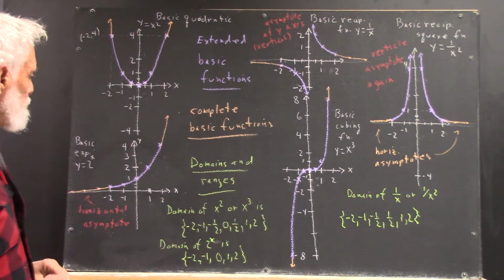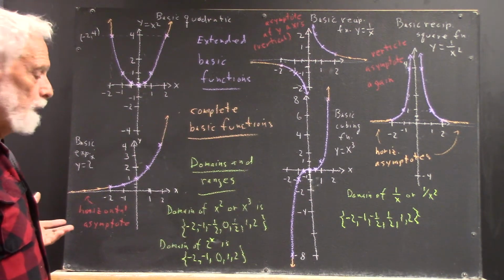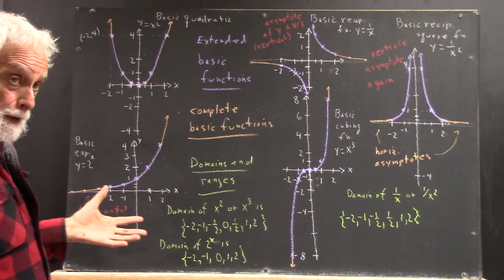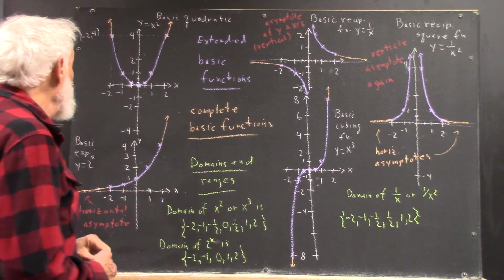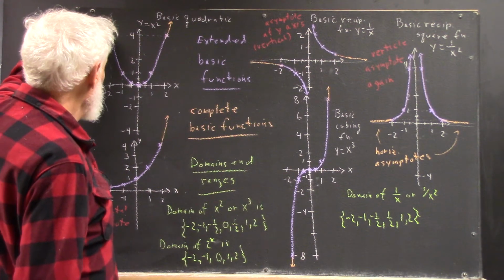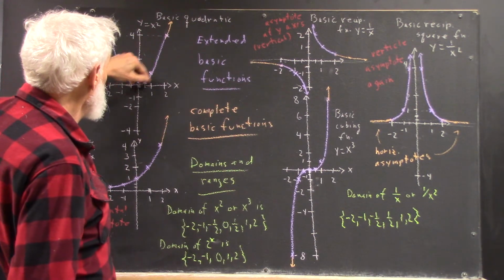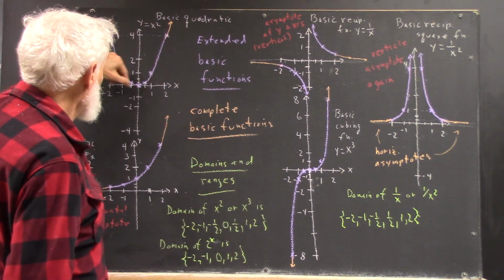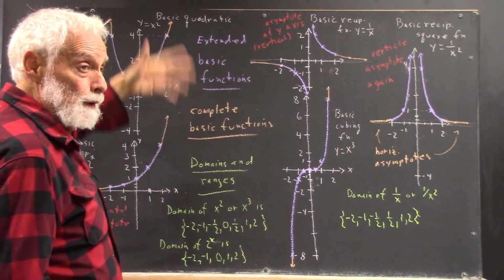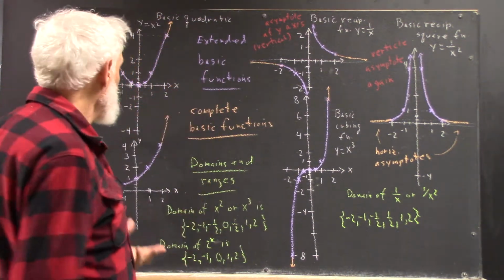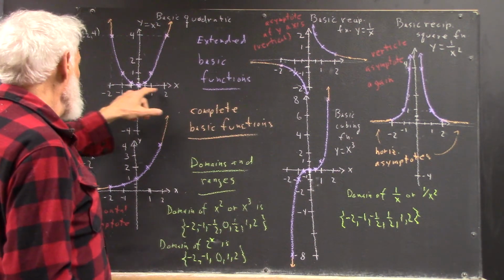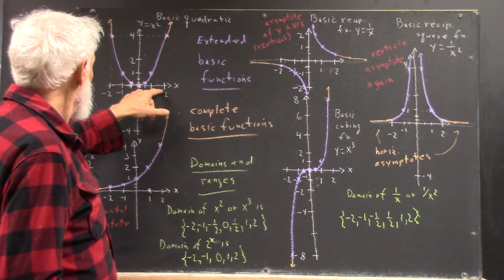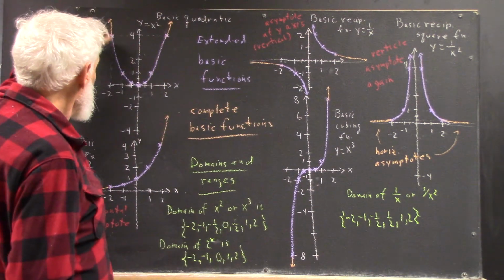Now, the domain of the extended basic functions, and I'm just going to say this now, but we'll see it later in a little more detail. This curve represents the values of the extended basic function. Okay, the purple curve. And we see that the purple curve exists for every value of x.